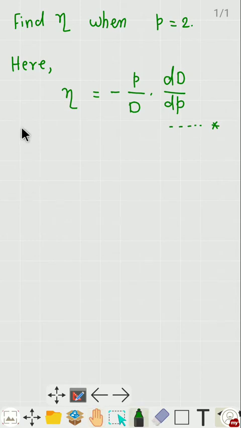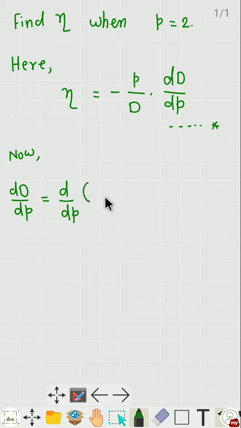First we find the derivative of d with respect to p. It is the derivative with respect to p of the demand function, which is given to be 15 minus 4p minus p square.